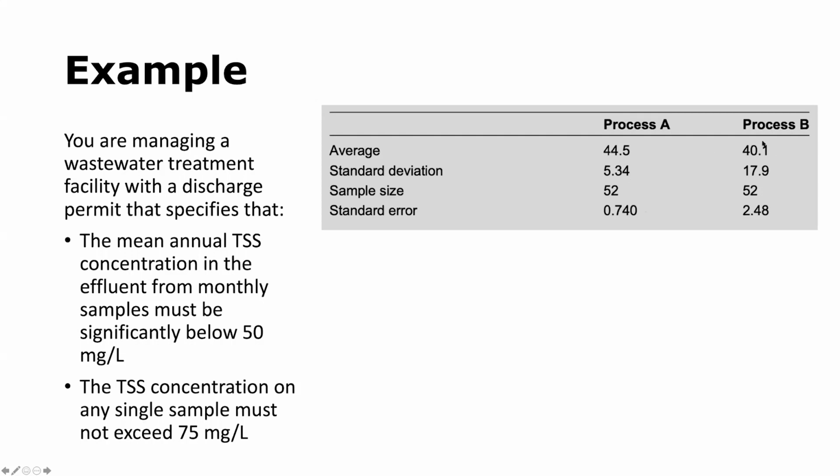But here are the results from your study. Let's suppose process A produces an effluent with an average concentration of 44.5 milligrams per liter, and process B produces an average concentration of 40.1 milligrams per liter. So let's do a quick poll. I'm going to set up a quick poll here.